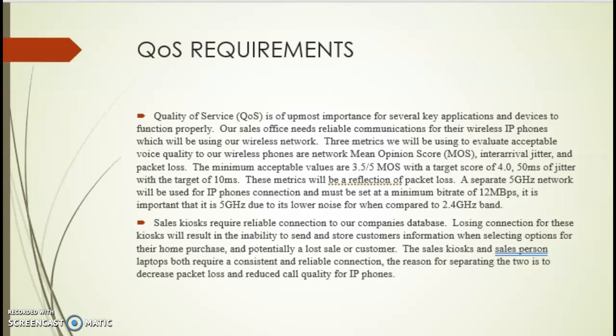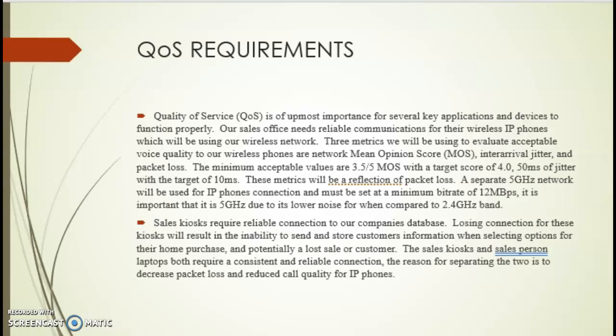The 3 metrics we will be using to evaluate acceptable voice quality over our wireless phones are network mean opinion score, MOS, inter-arrival jitter, and packet loss. The minimum acceptable values are 3.5 over 5 MOS with a target score of 4.0, and 50 milliseconds jitter with a target of 10 milliseconds. These metrics will be a reflection of packet loss.